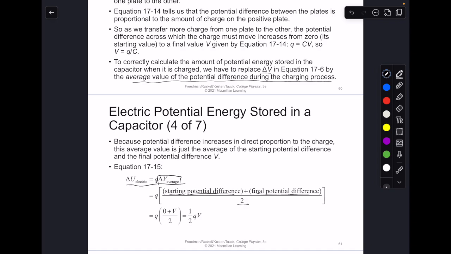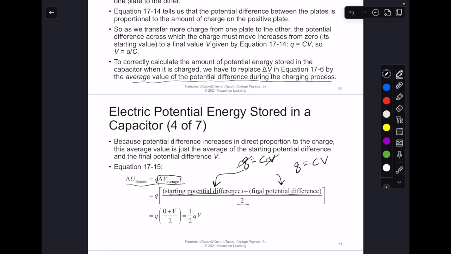When we start the charging process, we begin with an initially uncharged capacitor, so Q will be 0 because it's uncharged. And so the starting potential difference will be 0. Then when we're done charging the capacitor, the final potential will be given by C equals Q over V. I'm sorry, Q equals CV.